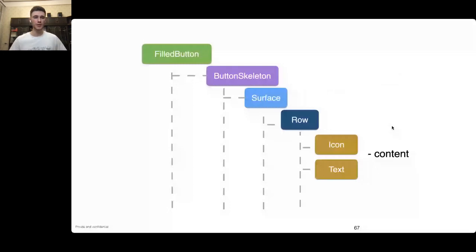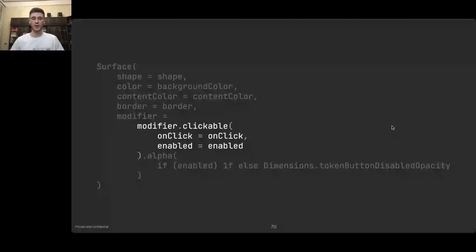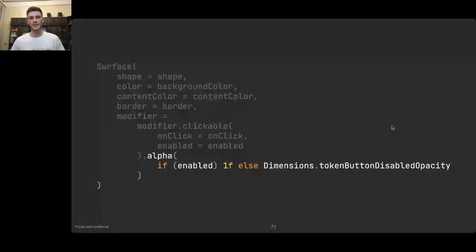So the surface, we invoke it, and configure the shape of a button, border, content colors, and make it clickable using modifier.clickable. And the last one, we set an alpha for the whole content of a button if it is disabled. Then we have a row with some alignment parameters. And inside of a row, we show an icon if it is required and passed as a parameter.